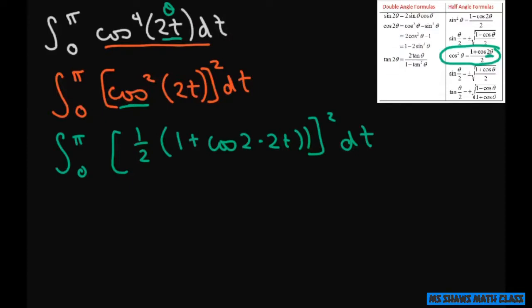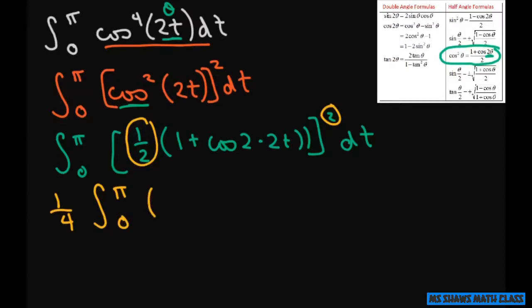And now what I can do is go ahead and pull out this 1/2. So if you take 1/2 squared, that's going to be 1/4. And then we can write it as the integral from 0 to pi.